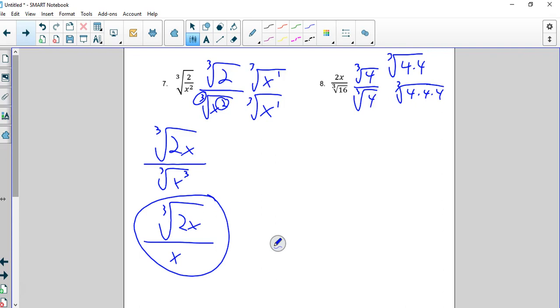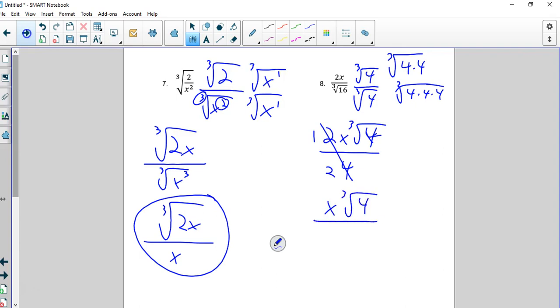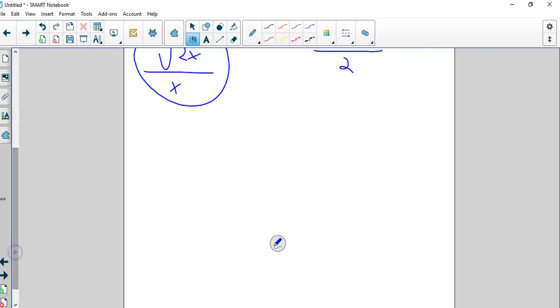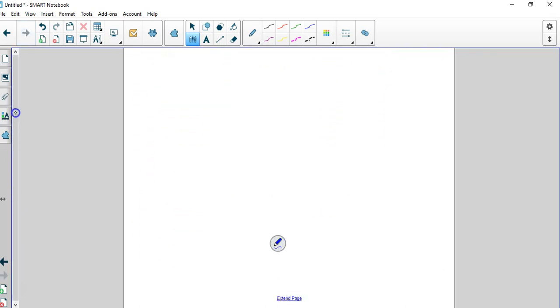On the top, we're going to get 2x times the cube root of 4. On the bottom, we're going to get 4, or the cube root of 64, which is 4. And again, these numbers can simplify like so. And so on the top, we get x times the cube root of 4 over 2. There you go.